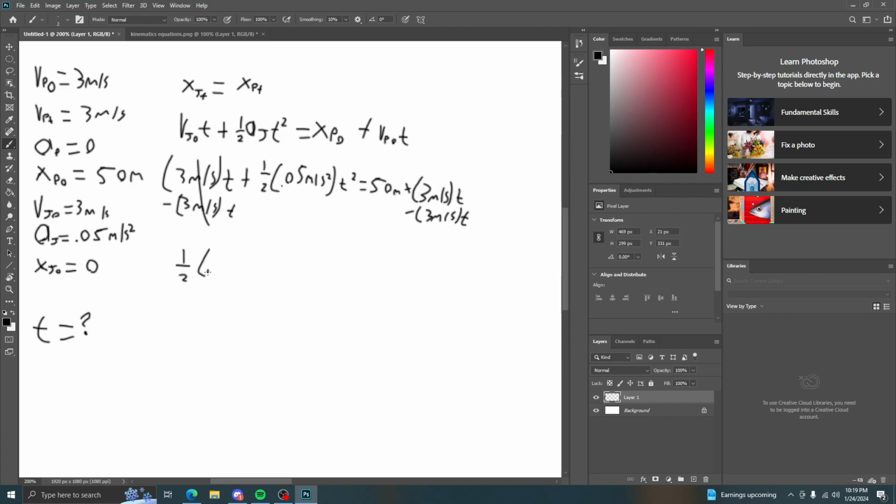It's very convenient. Actually, 1/2 times 0.05 is 0.025, so we'll just write that. Meters per second squared. No, wait, let me get rid of the 1/2. Okay.